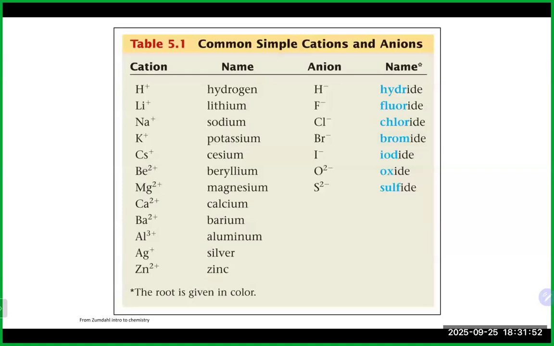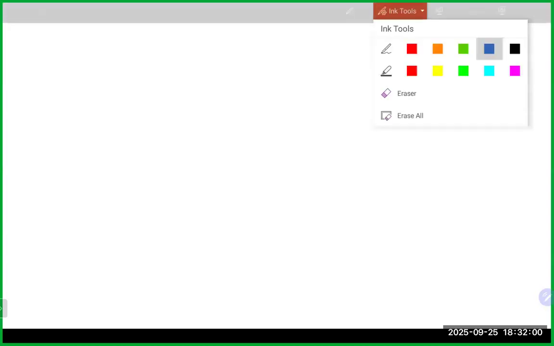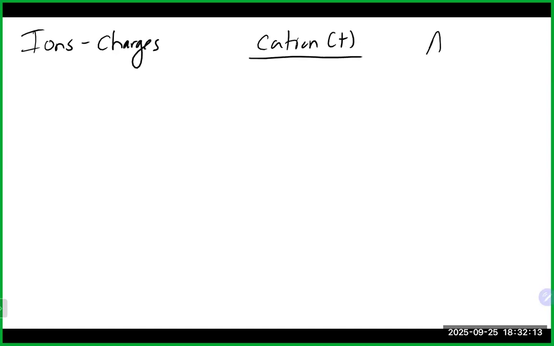Now, when we talk about ions themselves, cations and anions, there's a couple important things to remember. Ions obviously have charges, and a cation is positively charged, as a result of it losing electrons. Anions are negatively charged as a result of gaining electrons.